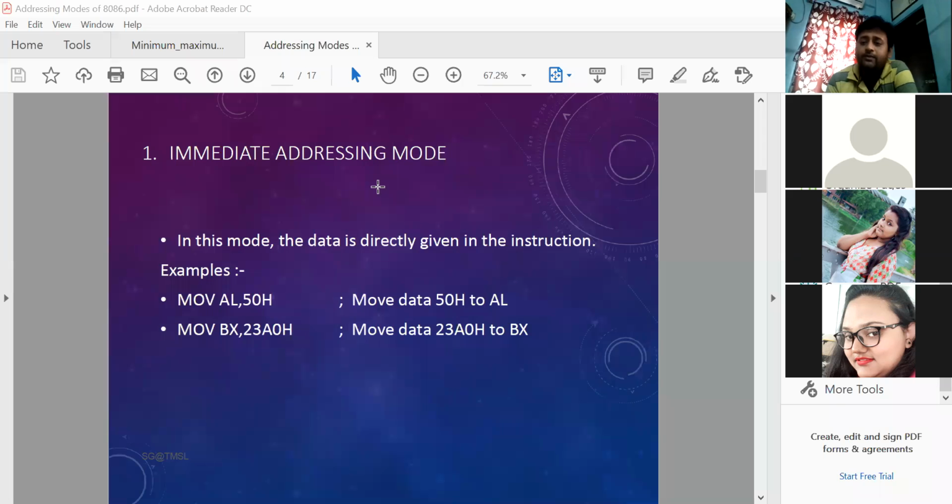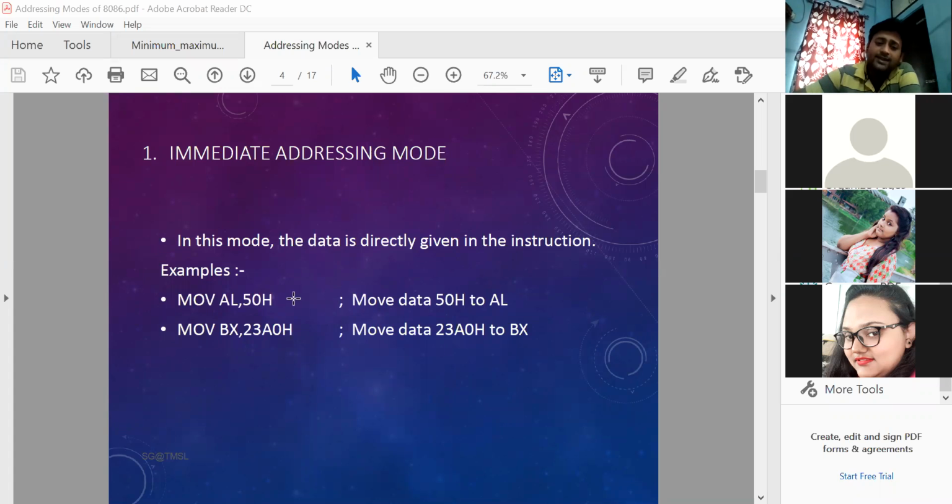In 8086 you can access 8 bits of data or 16 bits of data, as per your requirement. 8-bit data can be accessed in this way: MOV AL, 50. Here 50 is in the hexadecimal number system, so 50 can be loaded inside the AL register. In that case you write it as MOV AL, 50.